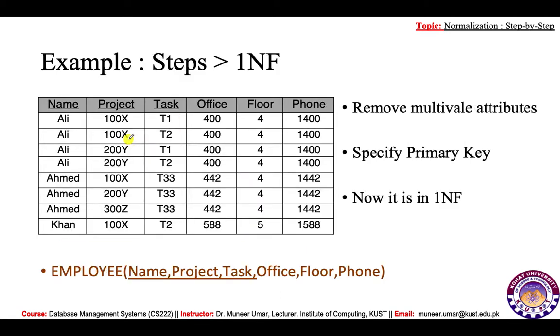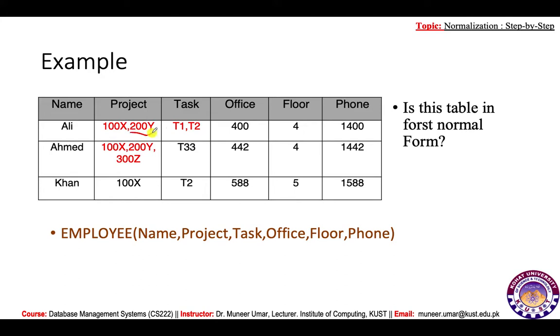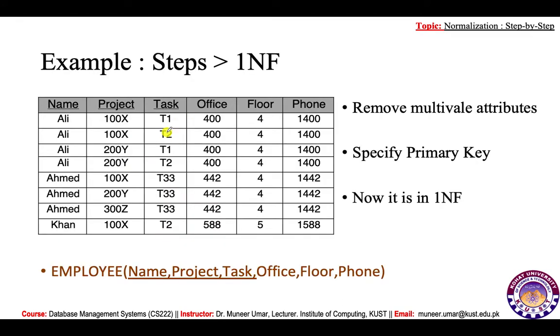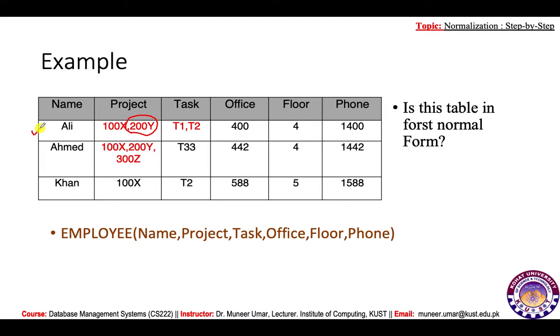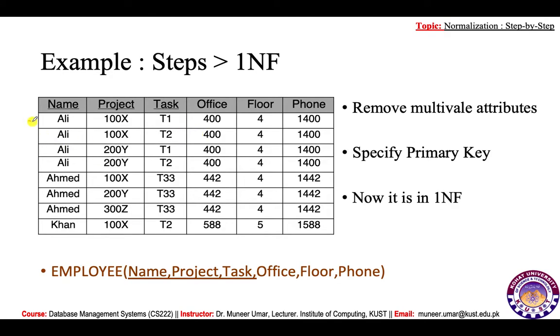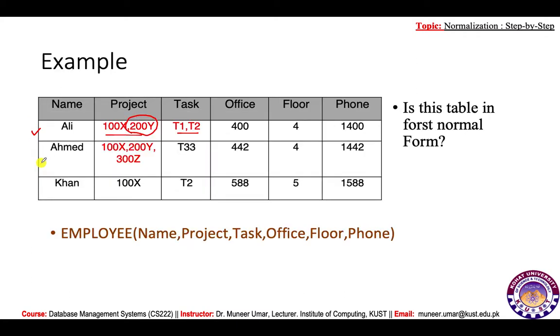Now what we did is, for each additional value we gave one additional row. For each value, we have one row. Looking at the table with Ali, here we have 2 values, and here we have 2 values, all in one row. For Ali, we created 3 more rows to accommodate those additional values. So for 100 we first took T1, and then again for 100 we took T2.